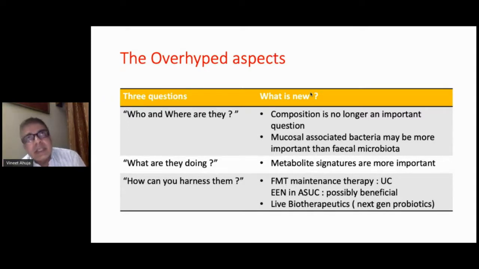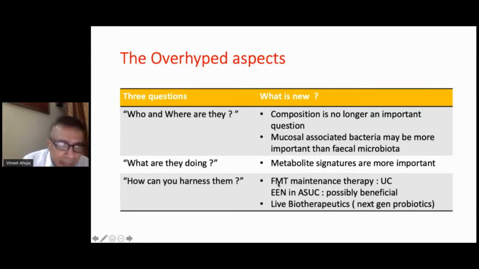Studies which are targeting 50, 100 patients, looking at 16S rRNA and providing the composition are good for publication, but they are not providing definite results in terms of translational value. Mucosal associated bacteria may be more important than fecal microbiota. What is going to actually provide results for translational value is which bacteria change, and what kind of metabolites change. The metabolite signatures are going to be more important.